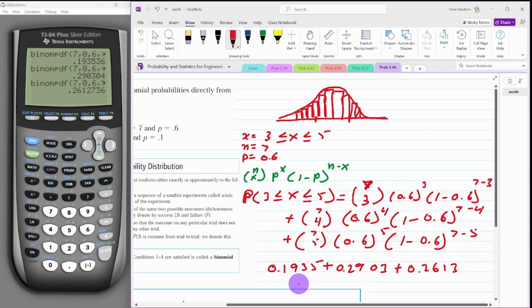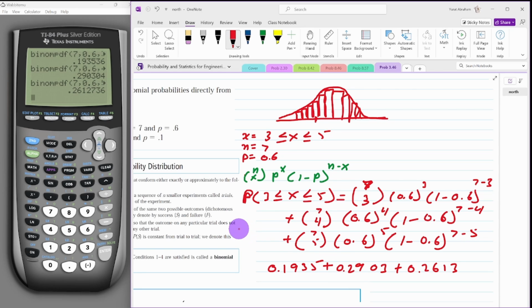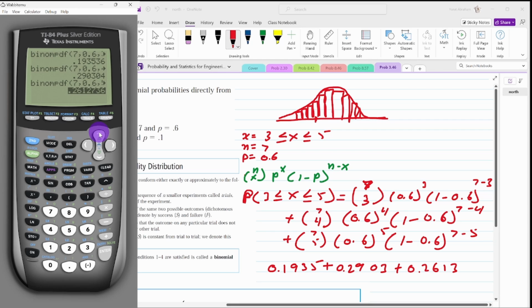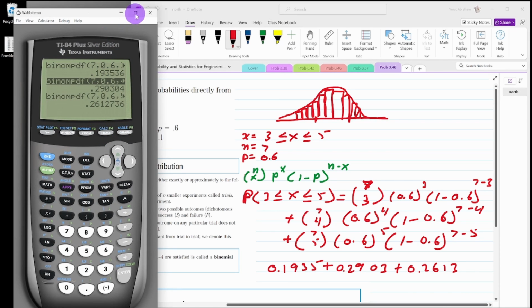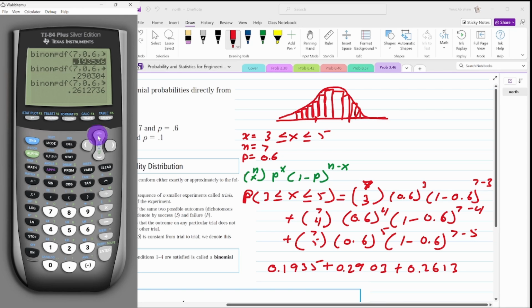For significant figures, 4 should be enough at least. Don't do any less than 4. And now we're going to add those up. Of course, using the calculator, we can just select them and copy it. Let me start with the first one up here, the 0.19.